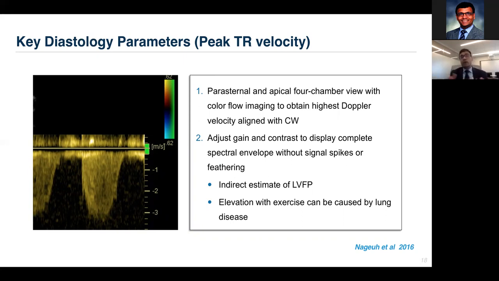However, there is a confounder, and that is people can have other reasons for pulmonary hypertension, and lung disease can cause pulmonary hypertension that may not be related to diastolic dysfunction, and that can also lead to elevated filling pressure. Particularly elderly individuals can have both diastolic dysfunction and lung disease, and this concomitant information may therefore be many times confounded.